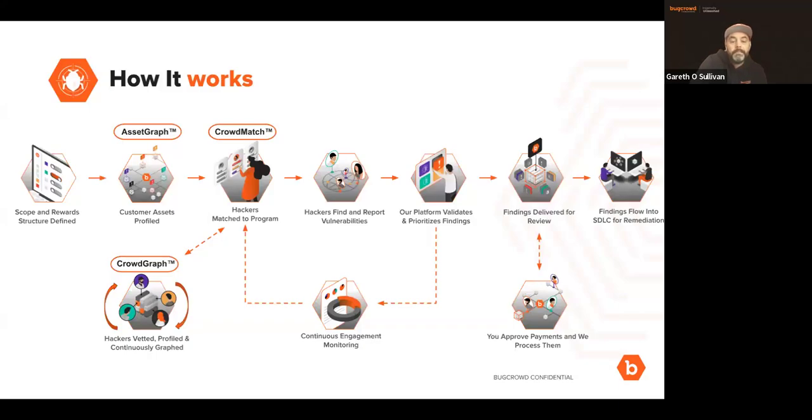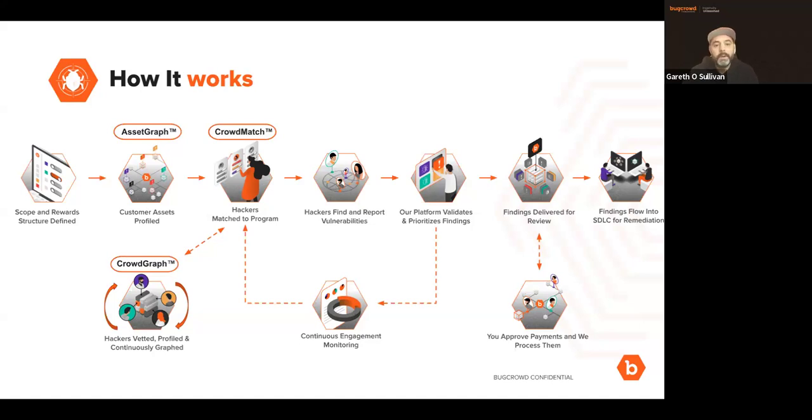From a program standpoint, this is how it works with us and how we build a program and the different stages. And we've got different teams managing different aspects of the program, everything from scoping on the left through to getting those validated results into your ticketing system or workflow or however you want to manage those results.